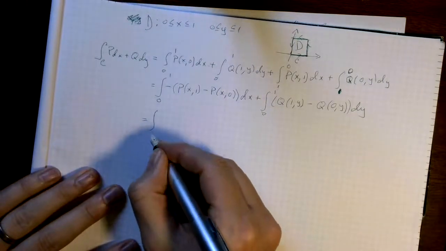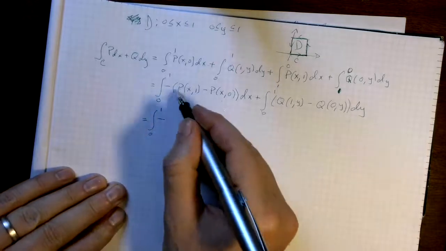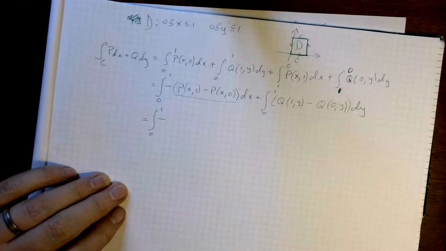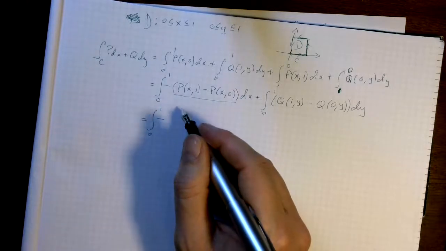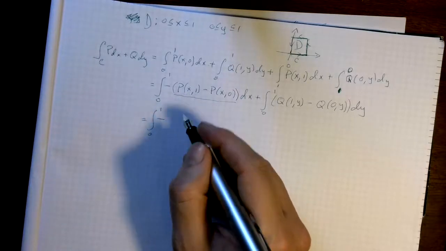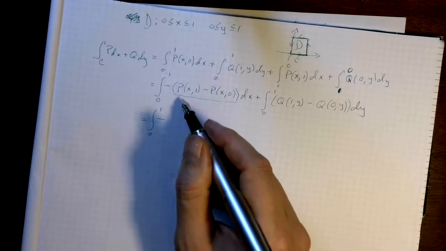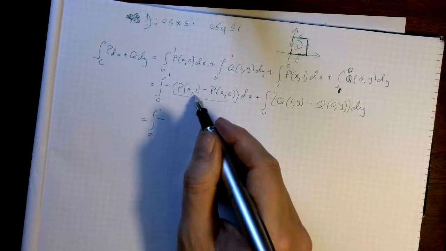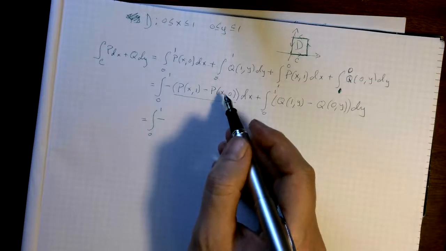So, for example, in this first integral, the minus sign is there, but the thing inside, if I think of p for fixed x as a function of y, so p of x, y as a function of y, I'm evaluating it at 1 and subtracting what it is at 0.